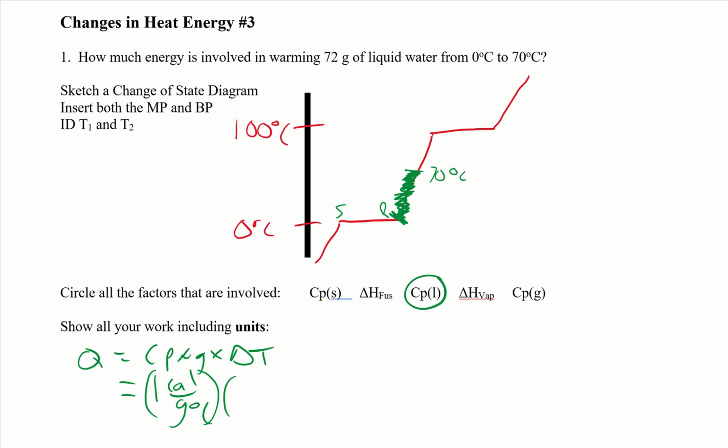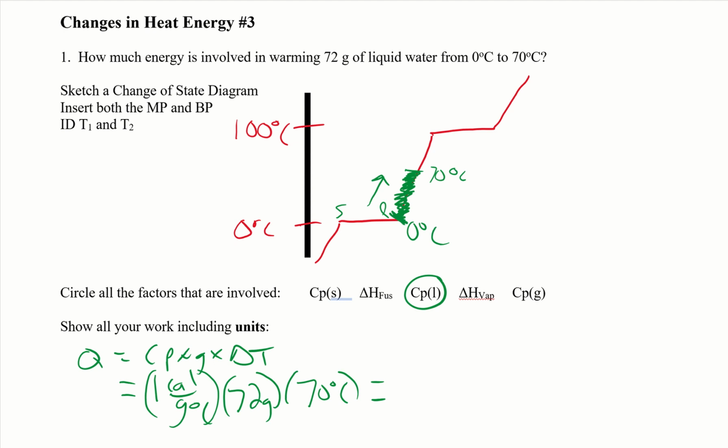Those units will cancel out. We have 72 grams of water, and our change in temperature is from 70 degrees to 0 degrees. So final minus initial. We're warming, so our change in temperature is simply 70 degrees Celsius, and that will give you 5,040 calories, or 5 kcals.